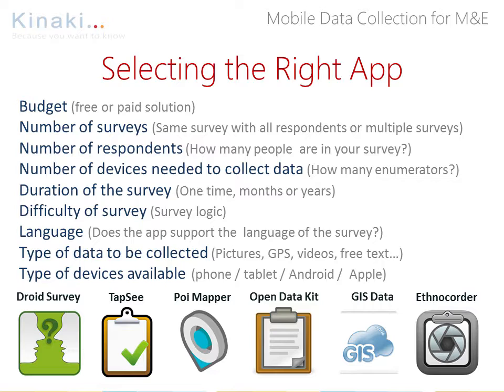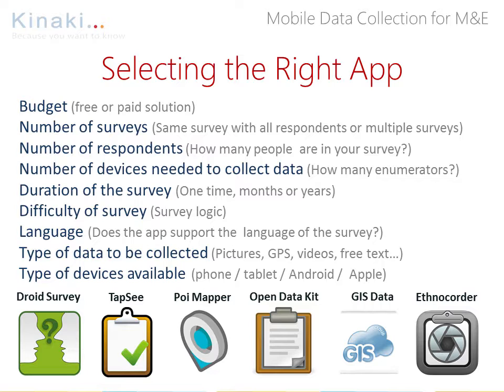Some tools are paid based on the number of respondents. So how many respondents are you talking about: 1,000 people, hundreds, or tens? Again, that's something to consider before you decide which device you need. Then the number of devices: how many people will be collecting the data?